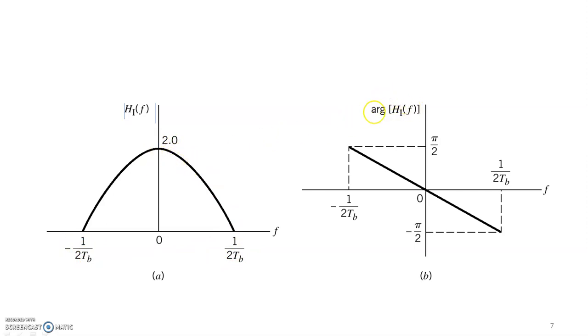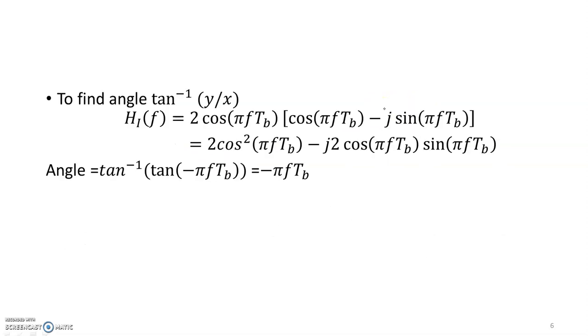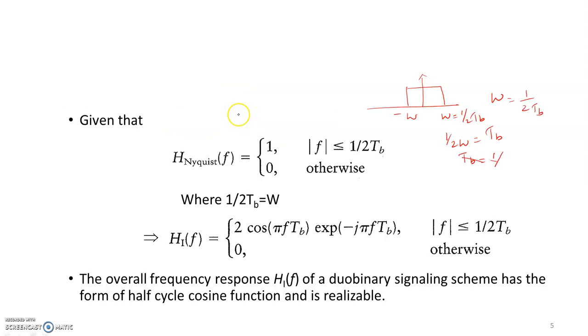Now you have to plot the argument, or the angle, of h1 of f. To find the angle, you know the expression is given by tan inverse y by x, where y is the imaginary part and x is the real part. So you have to split the expression into real and imaginary parts. For that, rewrite the expression for h1 of f: h1 of f is 2 cos pi f tb into e raised to minus j theta.